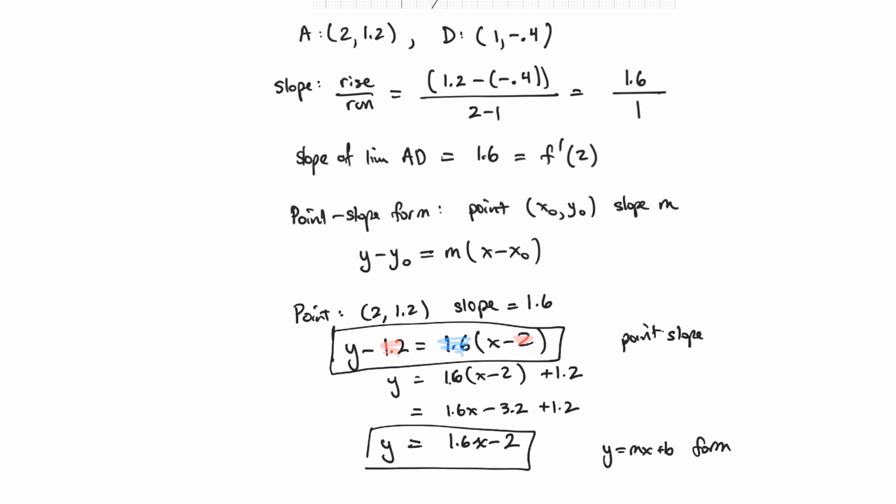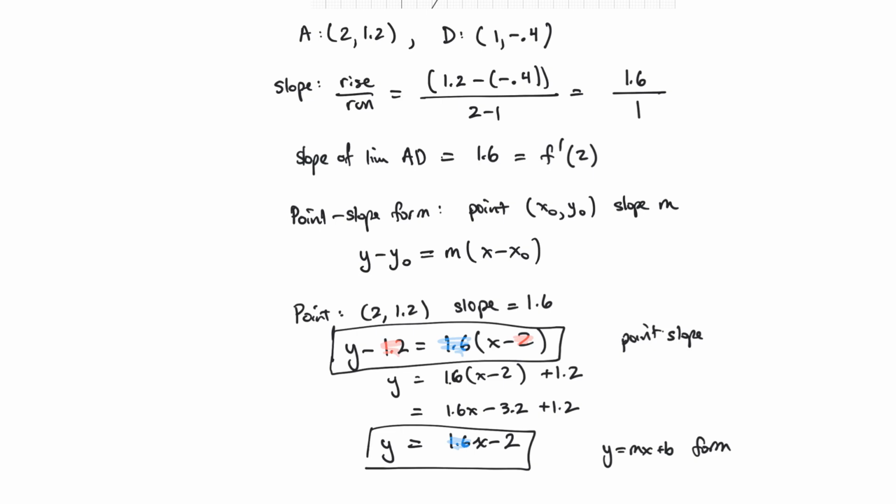It's right in front of you. And the y equals form does that too, because there's the slope right there. So the slope is easy to read off in either case. But the point-slope form has the advantage that it focuses your attention on the point of tangency, whereas the mx plus b form is focusing your attention on the y-intercept. So for many reasons, the point-slope form is easier to work with, but never fear, you can always convert from one form to the other if you need to.